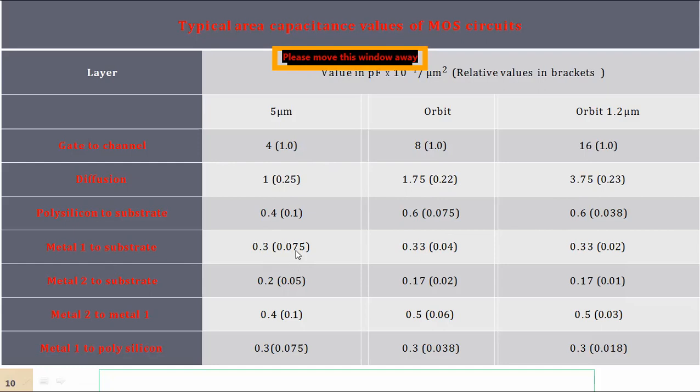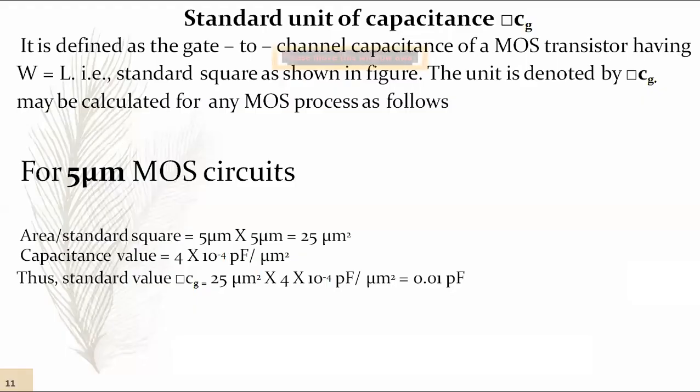We will go through one example to see how to substitute these values, as we did for calculating the sheet resistance. Look, for calculating capacitance we use the standard unit, square Cz.